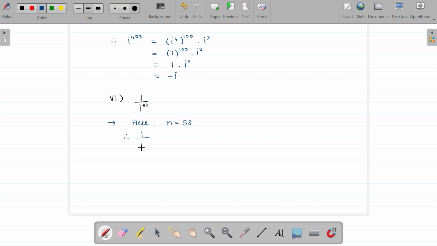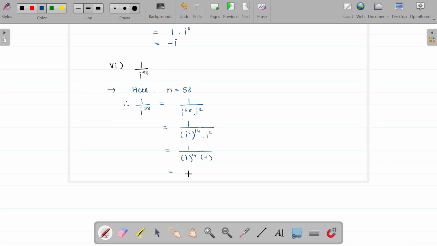Therefore 1 upon i⁵⁸ is 1 upon i to the power 56 into i², which is equal to 1 upon i⁴ into 14 into i². i⁴ is 1, 1 raised to 14, and i² is -1. 1 upon 1 raised to 14 is 1, into -1. So the final answer is -1.